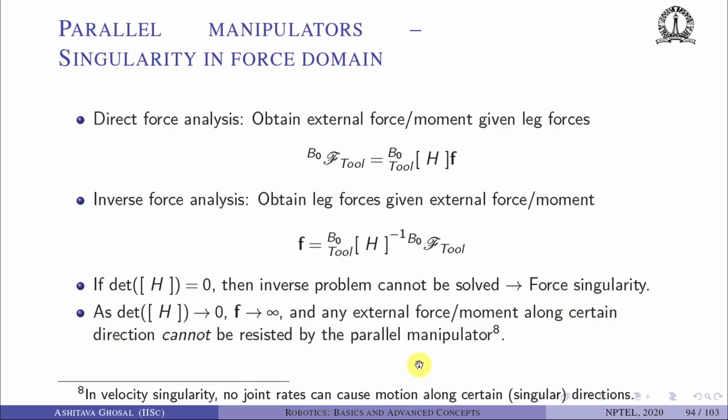Analogously, in velocity singularity, no joint rates can cause motion along certain singular directions; remember, theta dot goes to infinity if you want to move in the singular direction. Here, any external force and moment along certain singular directions cannot be resisted by the parallel manipulator. So in force it cannot be resisted, and in velocity it cannot be applied.